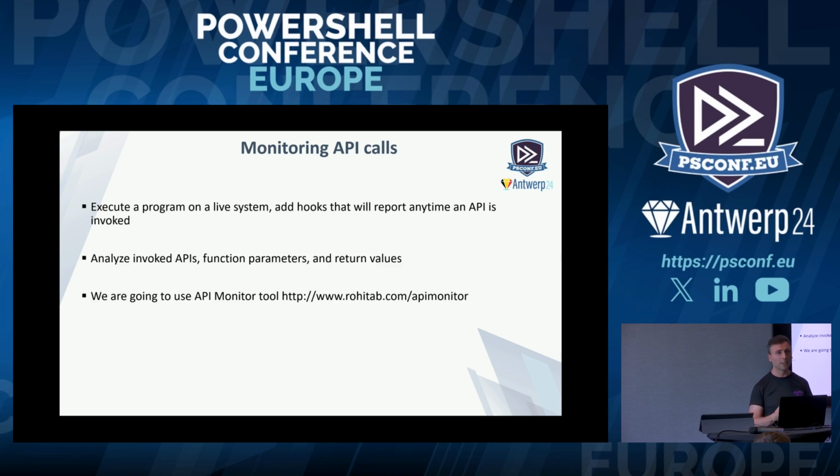But how can you find which call it makes? You can execute a program, in our case PowerShell, on a live system, hook an API, and then take a look at what parameters are passed, what was returned, and what was the result of the execution. We're going to use API Monitor.